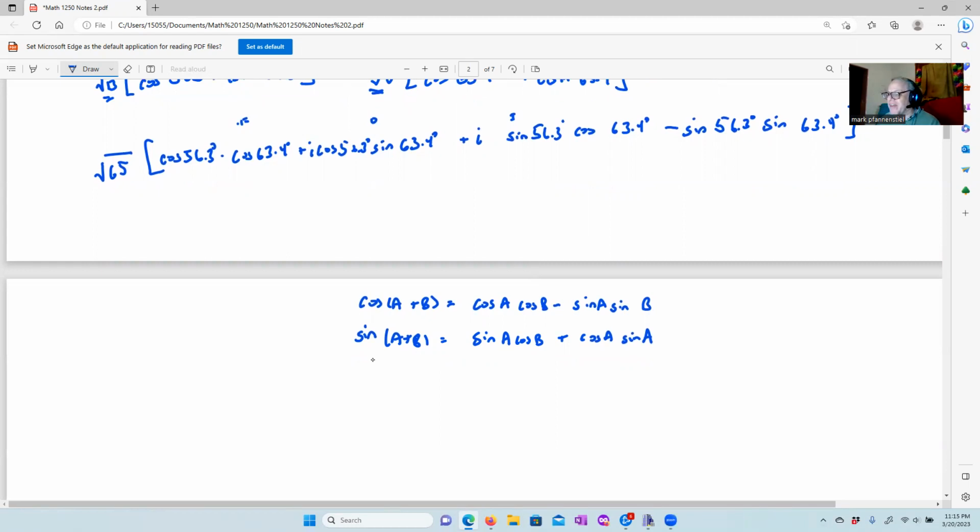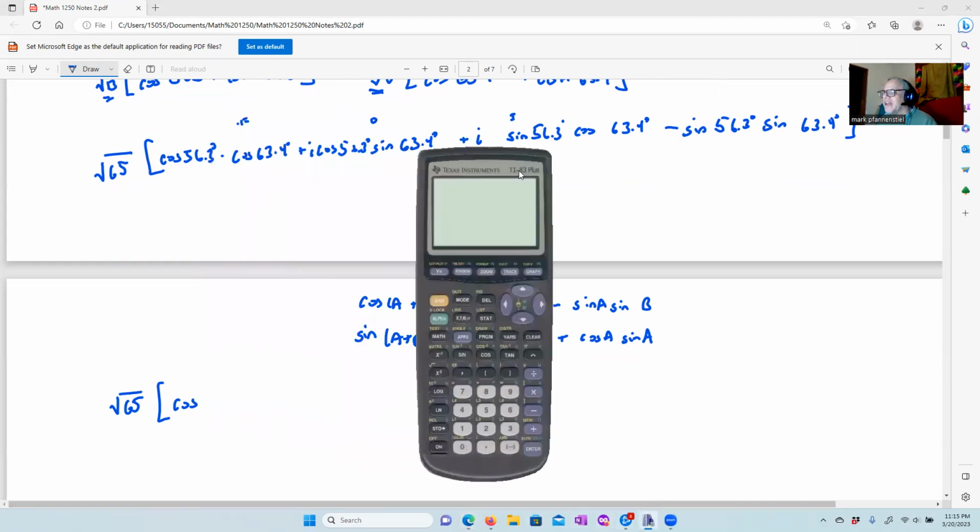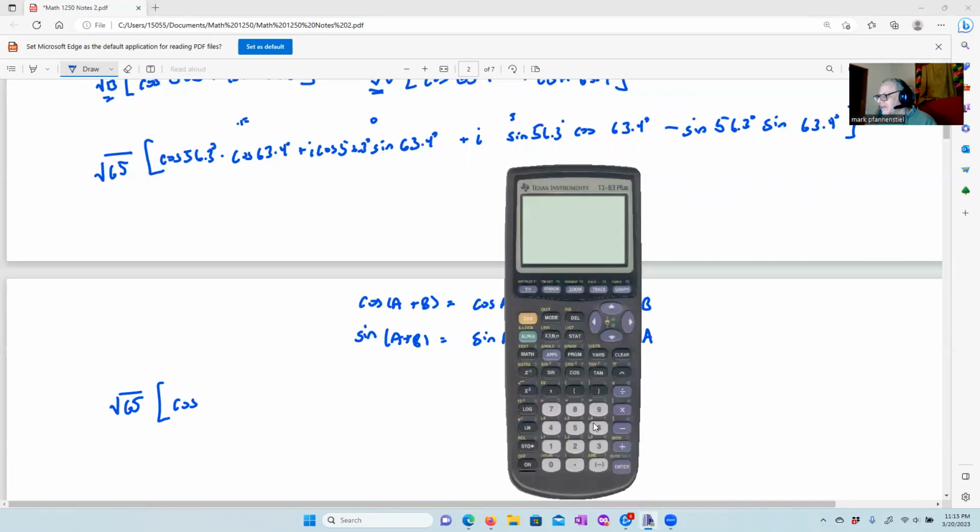So in order to multiply these, we're going to have cosine of, what's 56 plus 63? So I'm going to go back here and say I need 56.3 degrees plus my other one, which was 63.4.